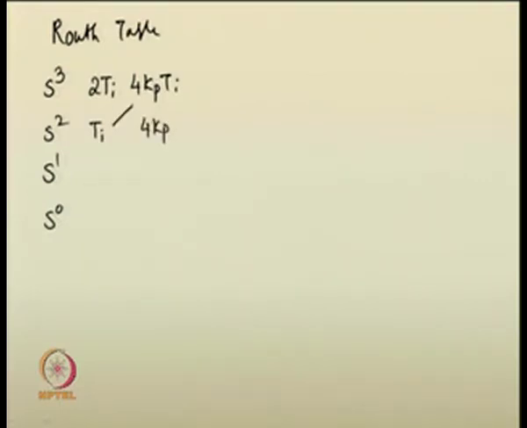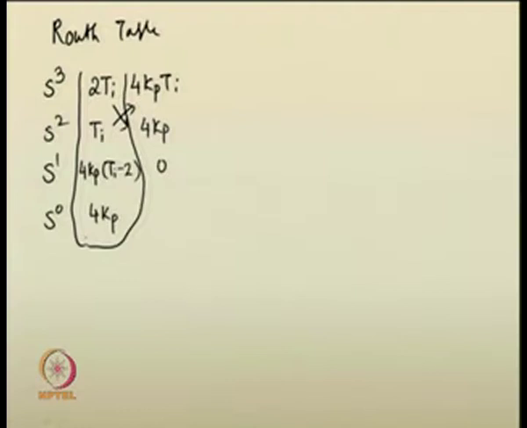Next, from cross multiplication and manipulation we get the coefficient of the s1 row as 4 Kp times Ti minus 2, 0, and then 4 Kp in the last row. What do we get from this Routh table? When the coefficients of the first column possess the same sign, the closed loop system is stable.